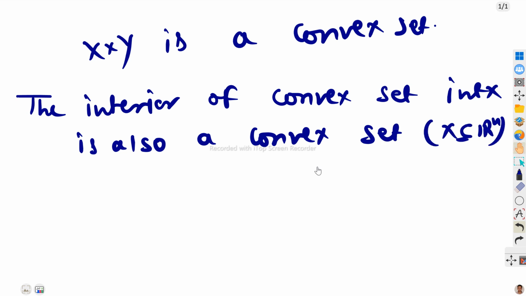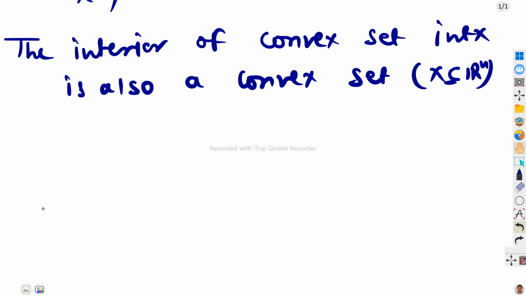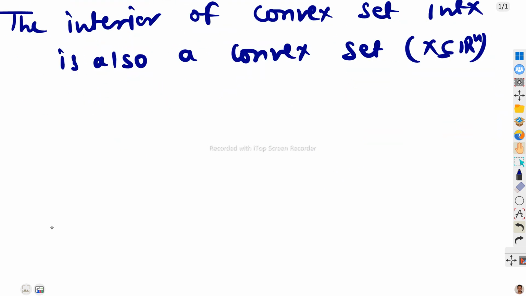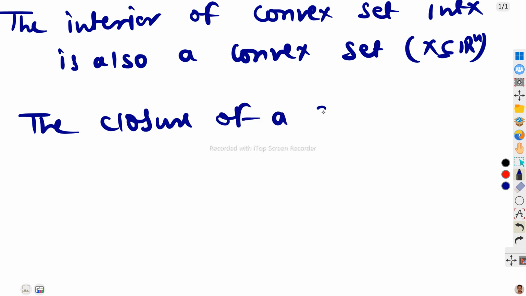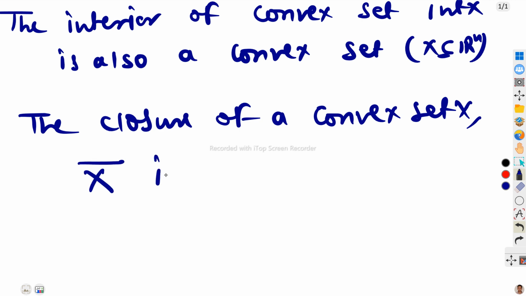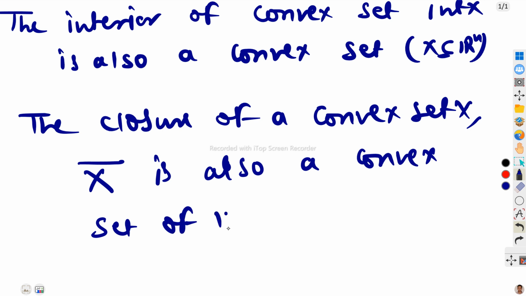Again, the closure of a convex set, X bar, is also a convex set of Rn, where X is a subset of Rn.